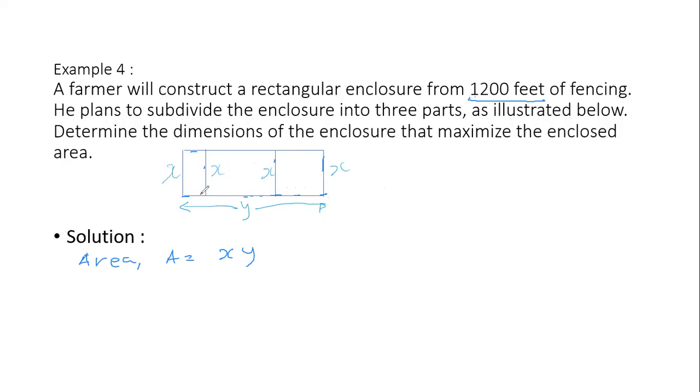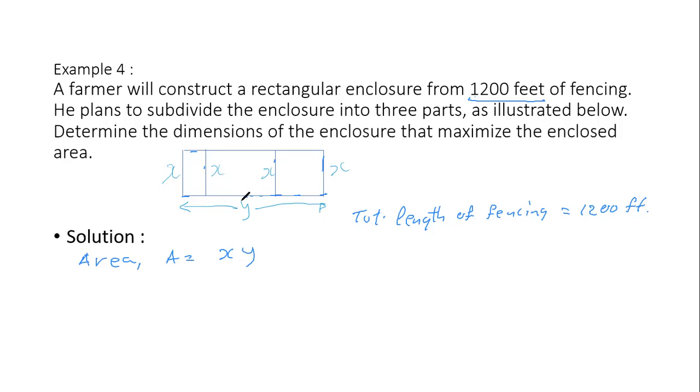So let's write the total length here. What we write is the total length of fencing, 1200 feet.